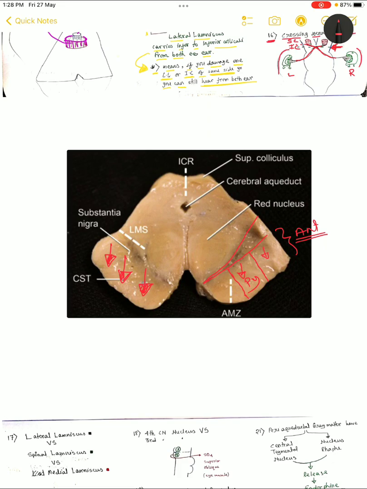Here you will find the corticopontine, and here you will find corticopontine with corticonuclear. Clear? And anterior to the substantia nigra is descending, so the posterior system is all what? Ascending. Okay, remember like this.